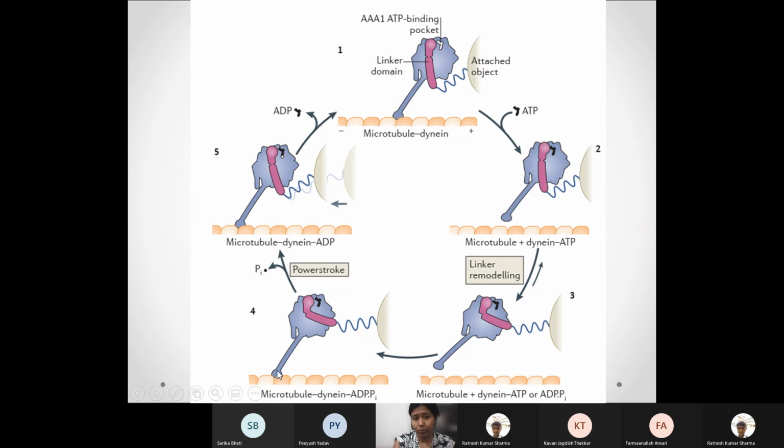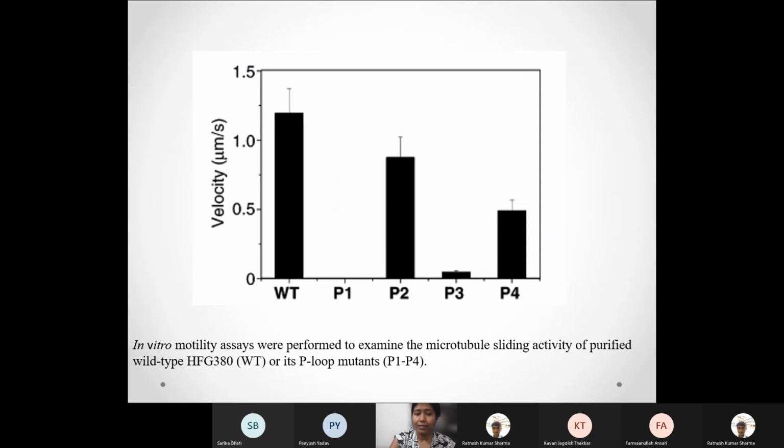But if the Pi is released, that is when it is creating this power stroke. And what we see is that this is a mutant that does not hydrolyze ATP. ATP hydrolysis is dead, but it is able to very tightly attach to microtubules and it is unable to slide microtubules because ATP hydrolysis नहीं है. It doesn't undergo the conformational changes required for it to create that power stroke.